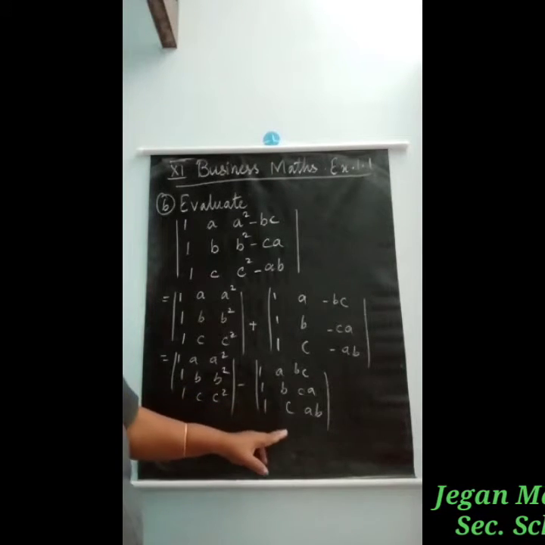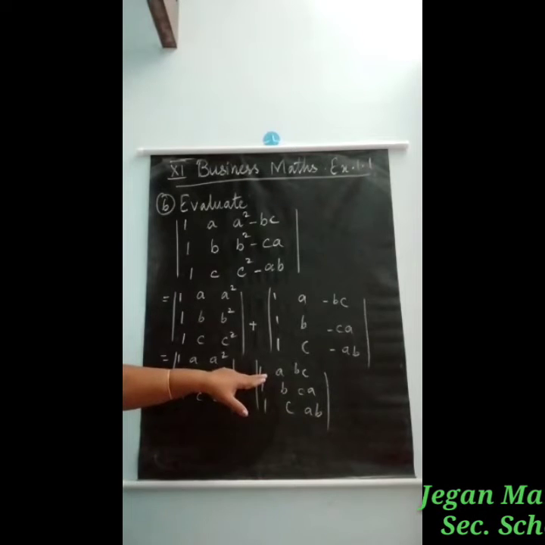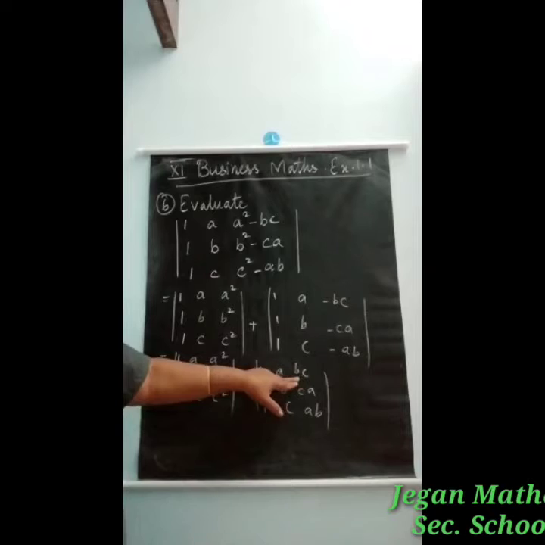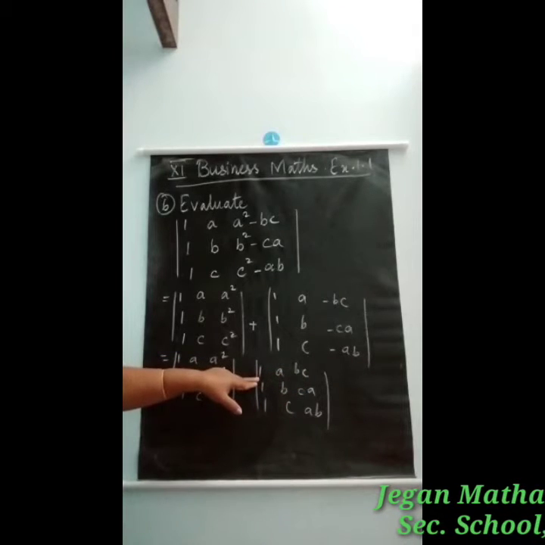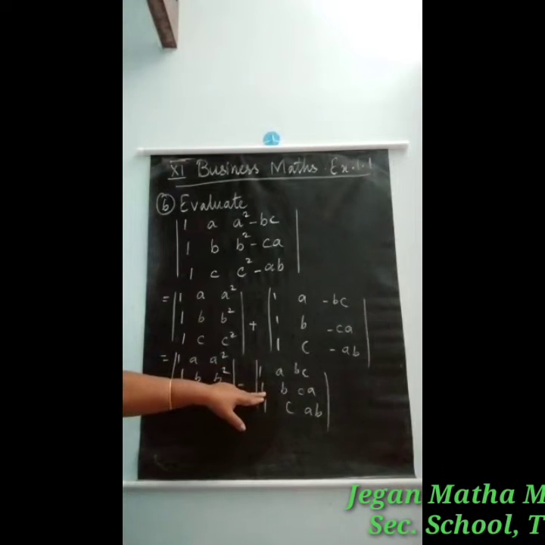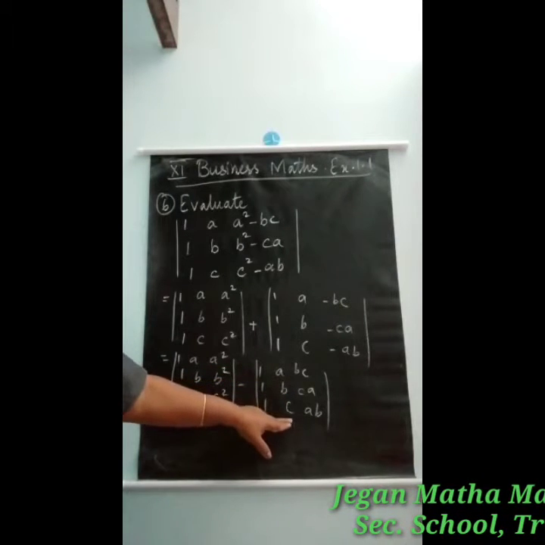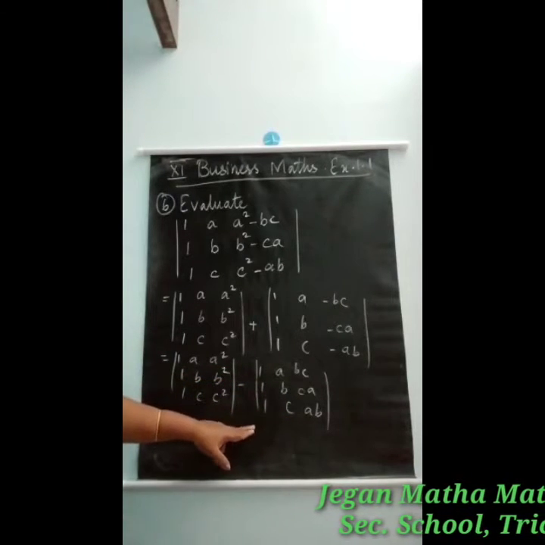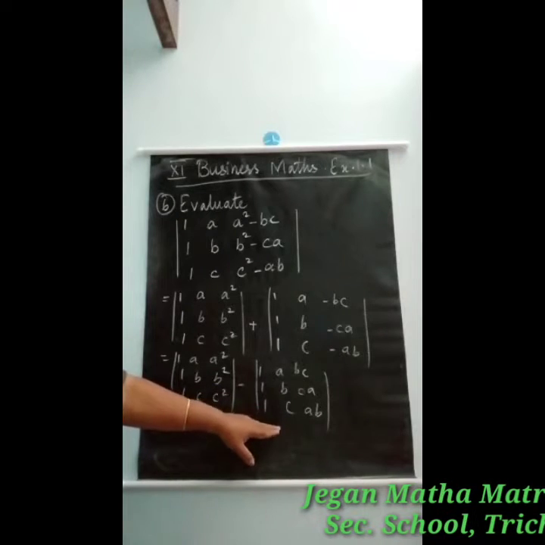I repeat once again, multiply R1 by a, that is the first row, and then the second row multiply by b and the third row multiply by c and divide by abc.